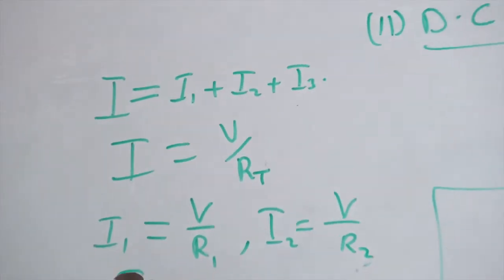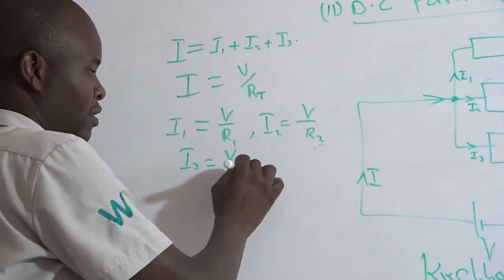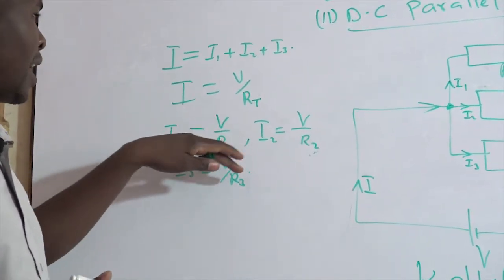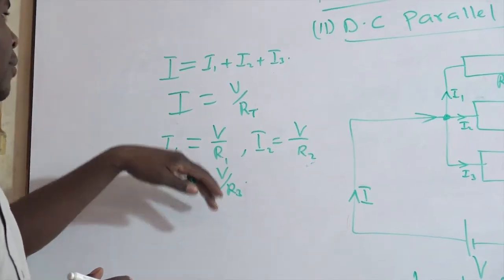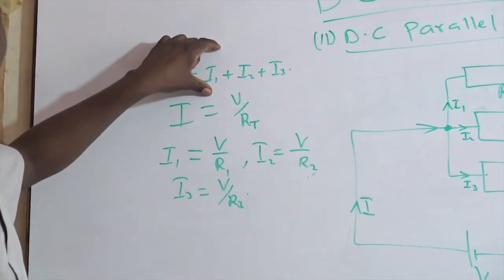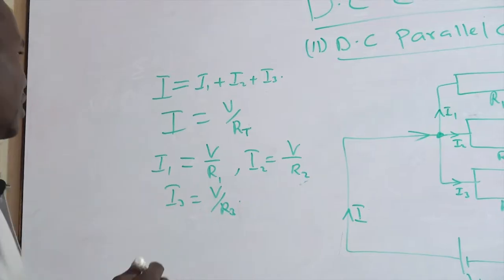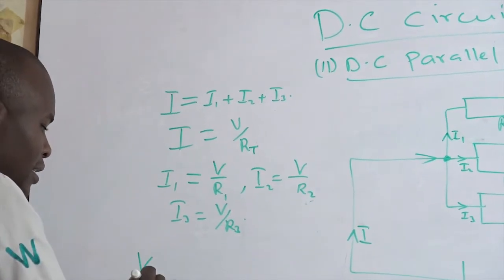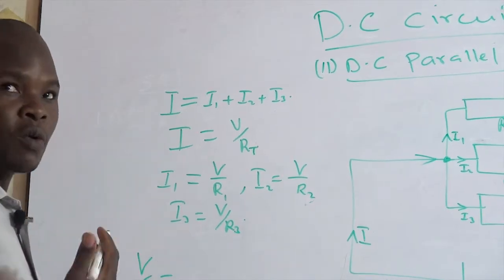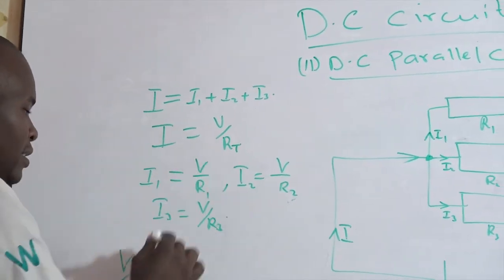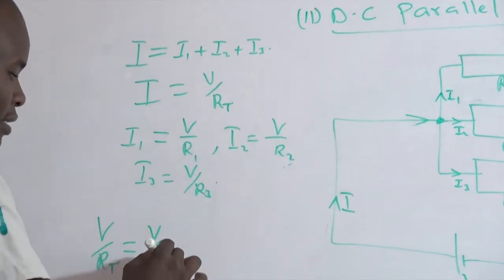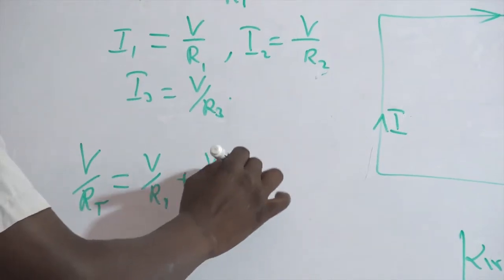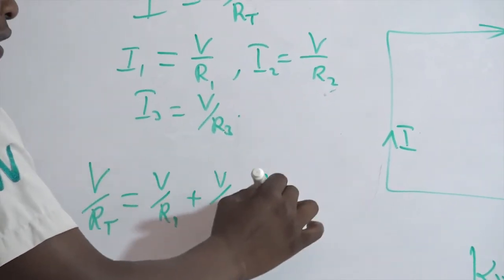I3 will be given by V over R3. So if you take these three currents, I1, I2, and I3, plus this I, you substitute in this equation, we come up with: this I is V over RT, which equals I1, this one, plus I2, this one, plus I3, this one.